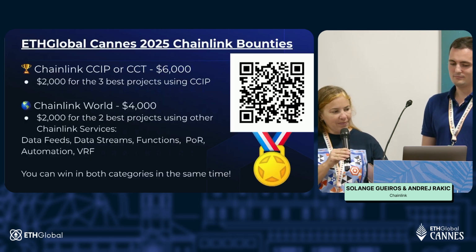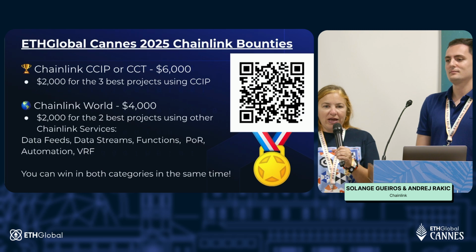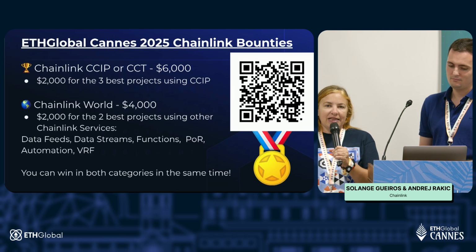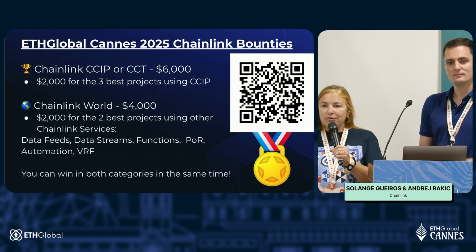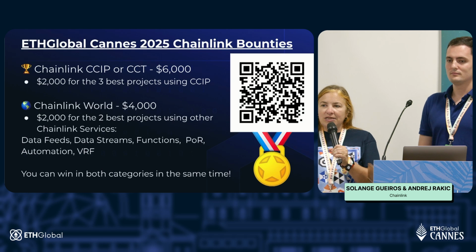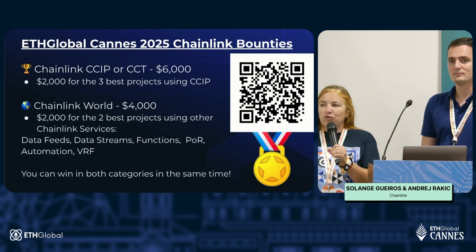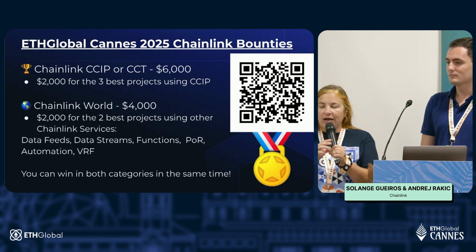Okay? And these are our bounties. We have two different tracks. One is related to the CCIP and the CCT that I'm talking a bit more about today. And the other one is related to all the other Chainlink services. So if you use CCT and another Chainlink service, you could win both tracks. I already saw projects in the past winning both tracks.